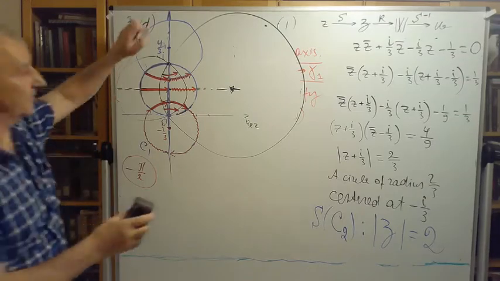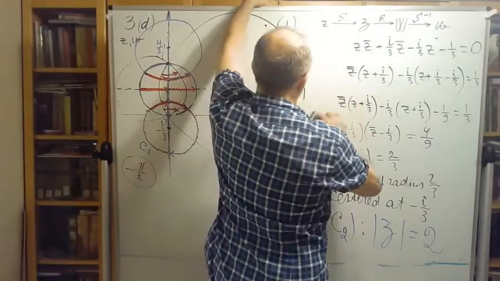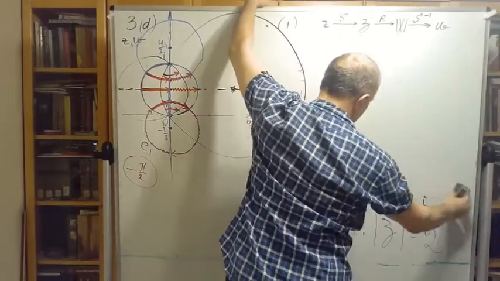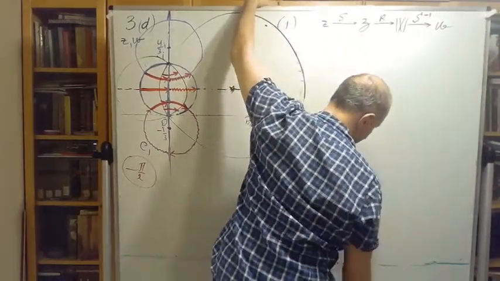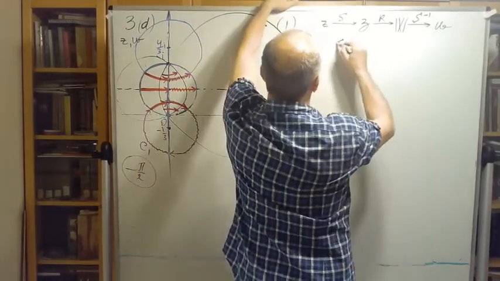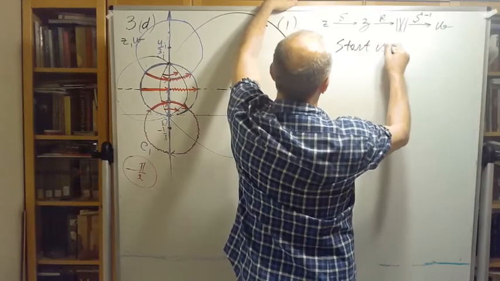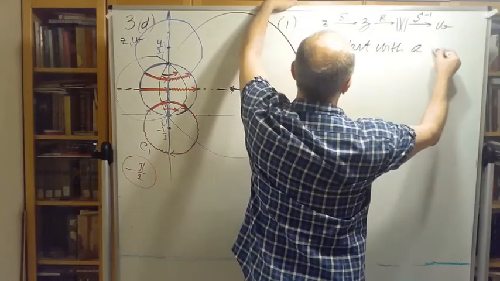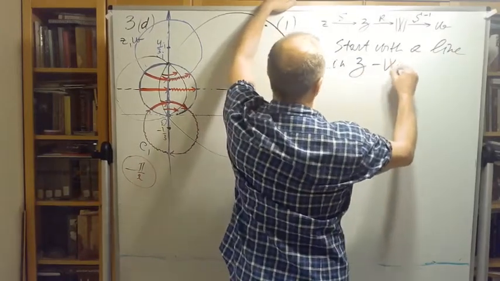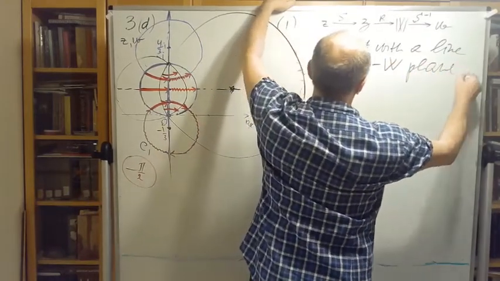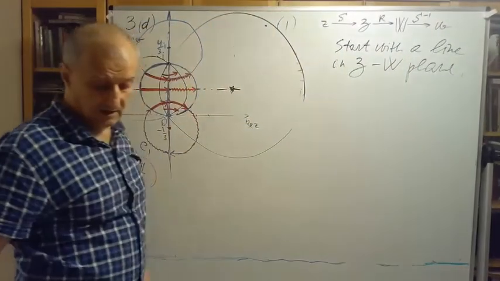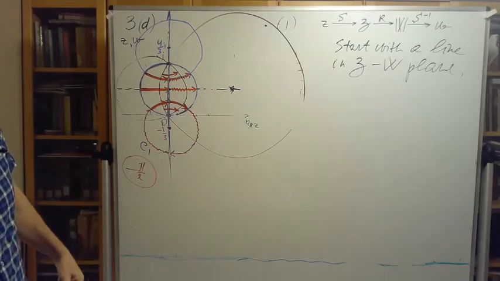But you can do it in a different, convenient way, and the convenient way will start with the Steiner circles of the first kind, start with a line in the W plane. And I did these calculations.